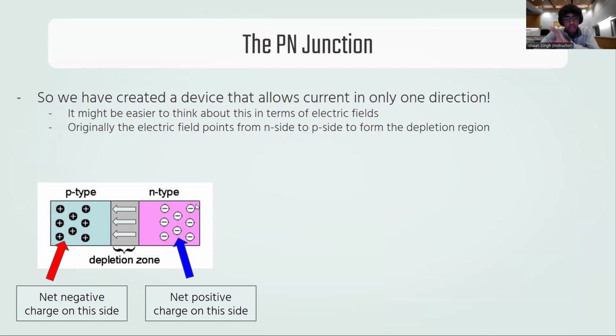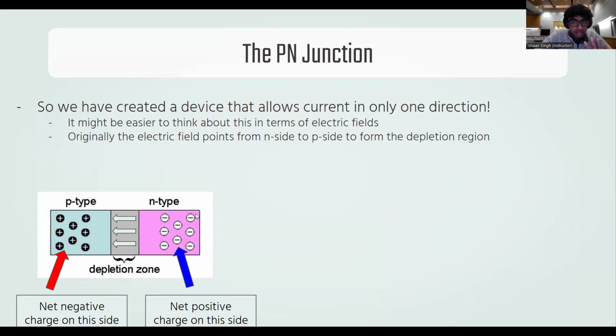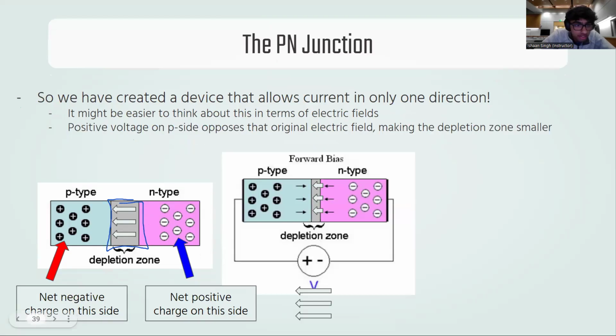Okay? And so if you're confused about everything I'm saying here, let me pull everyone back in with this slide. In the depletion zone, what we've created is an electric field that points with these arrows. Now, when I have a battery that applies an electric field in the direction shown, it applies it in this direction right here.